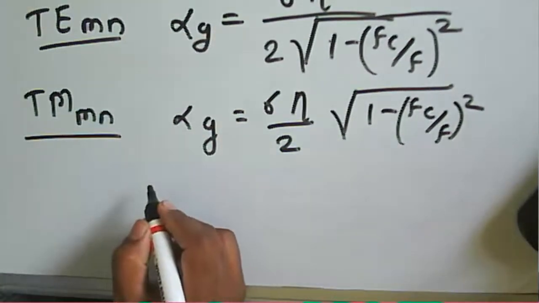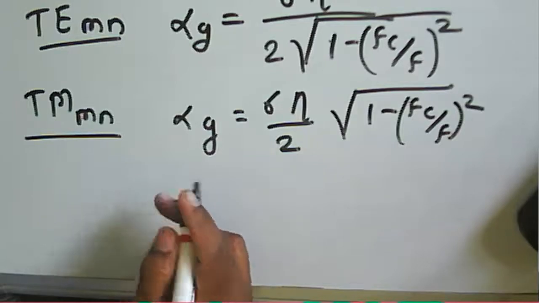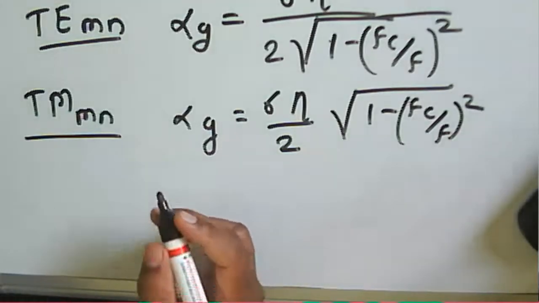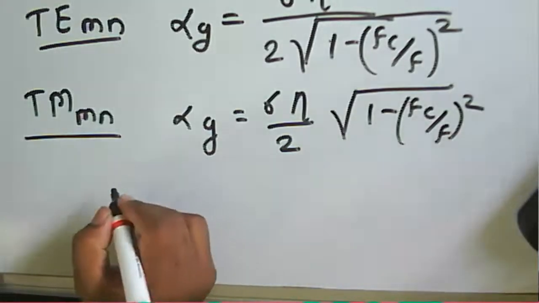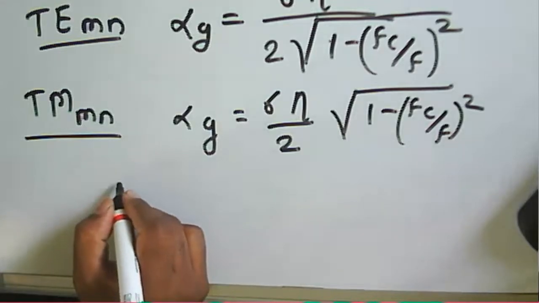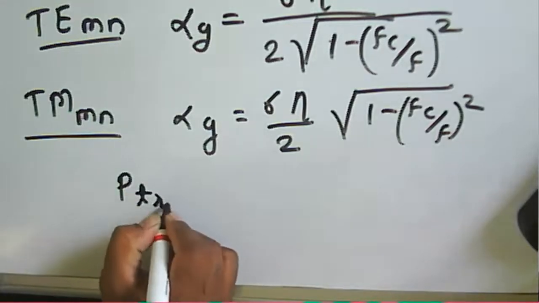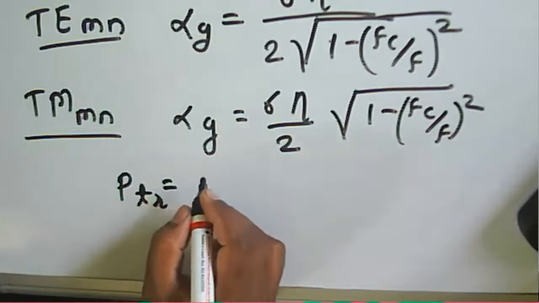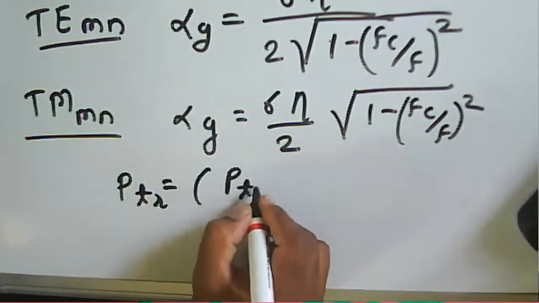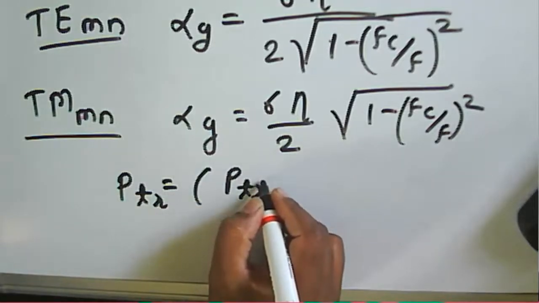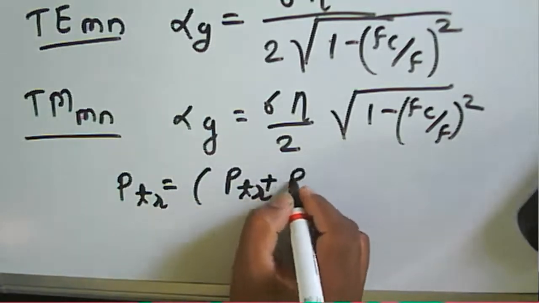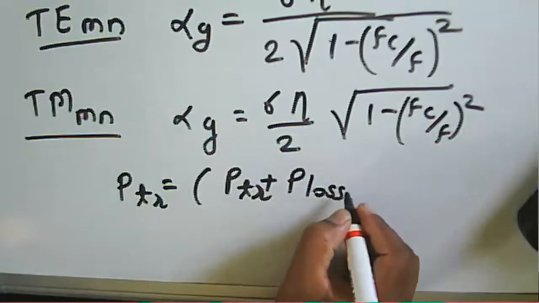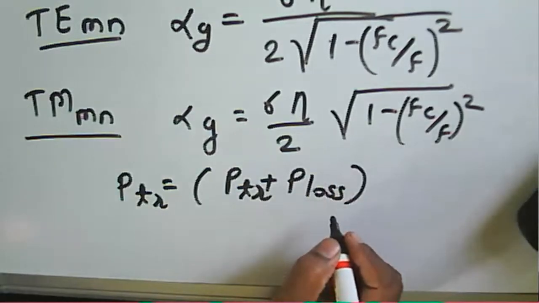That is in terms of whatever the total loss, or we can say that the power transmitted here is equal to the actual power transmitted through the guide plus the power loss through the guide.